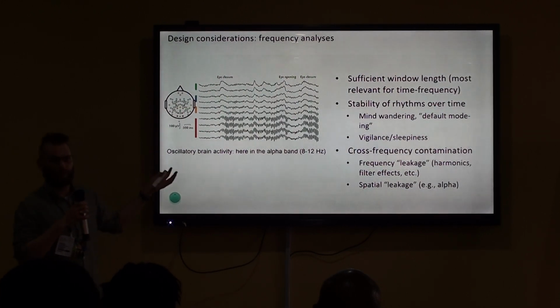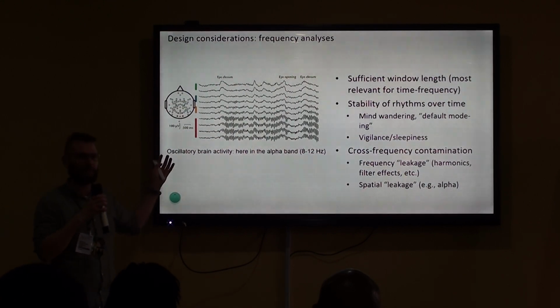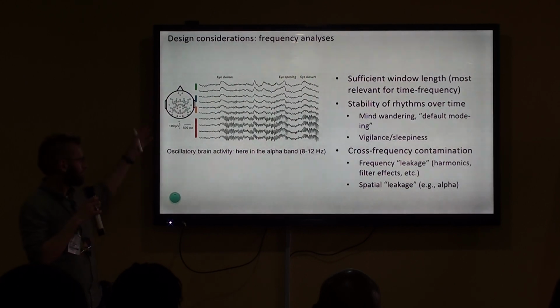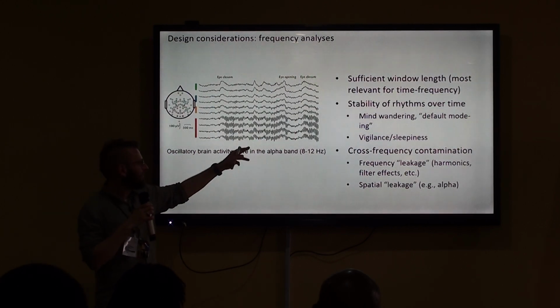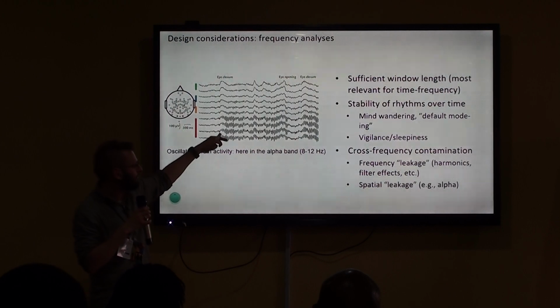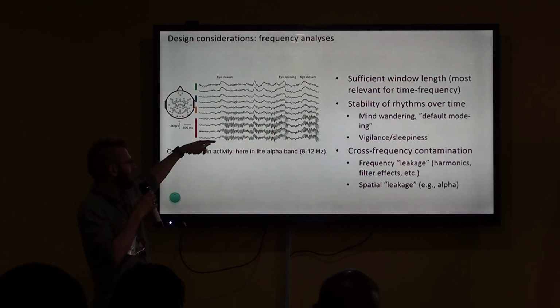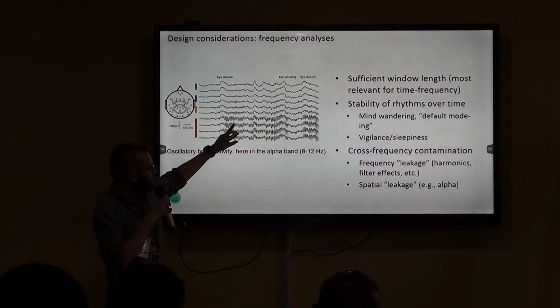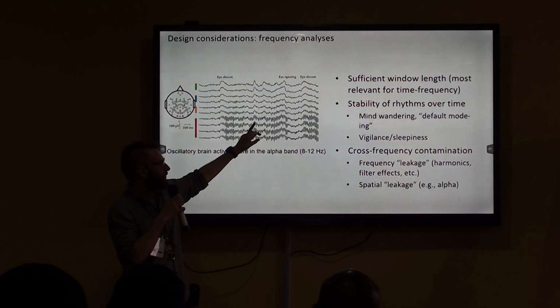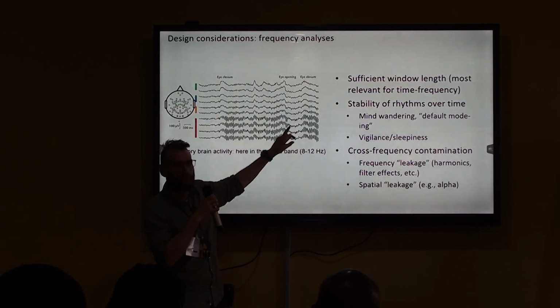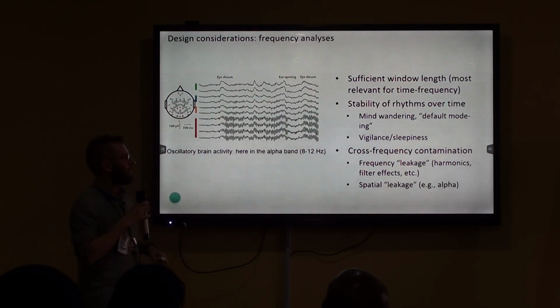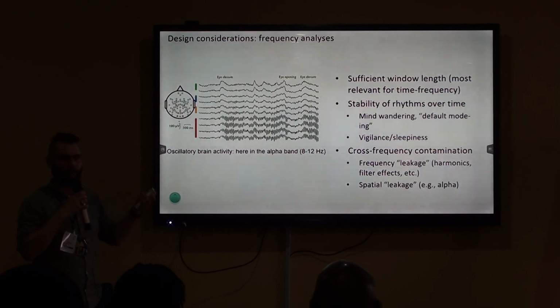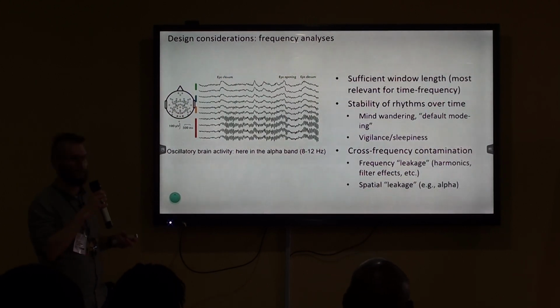But for example, in resting state studies, we might also think of how stable the rhythms that we measure actually are. Again, take the alpha waves here: you have your eyes closed and you see the alpha, but even inside the alpha, you see that sometimes it's more and sometimes it's less, even though it's generally larger than when the eyes are open. That applies to alpha, but also to a lot of the different rhythms we're looking at.